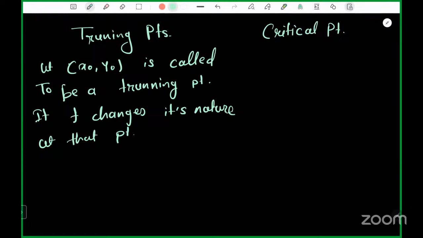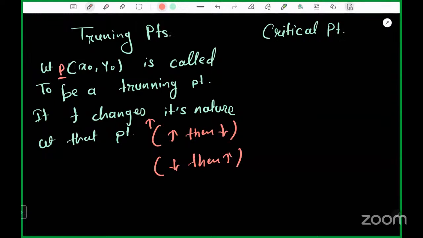Changes its nature means it is first increasing and then decreasing, or first decreasing then increasing. So it changes its behavior from increasing to decreasing or decreasing to increasing. Such points are known as turning points.